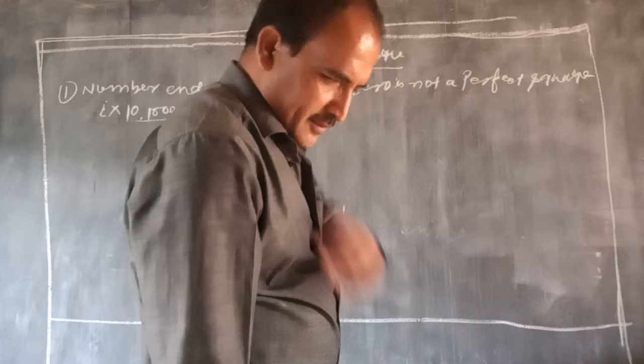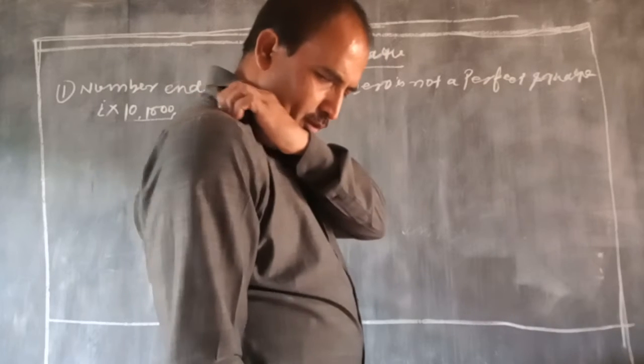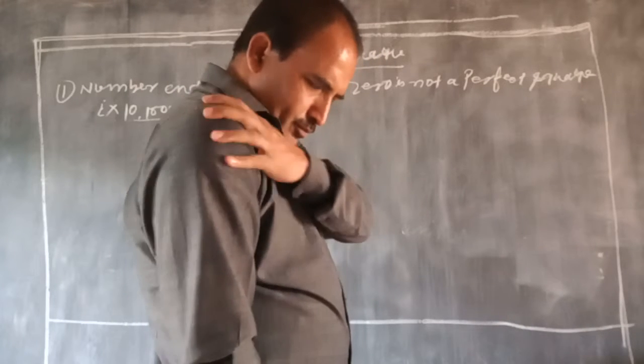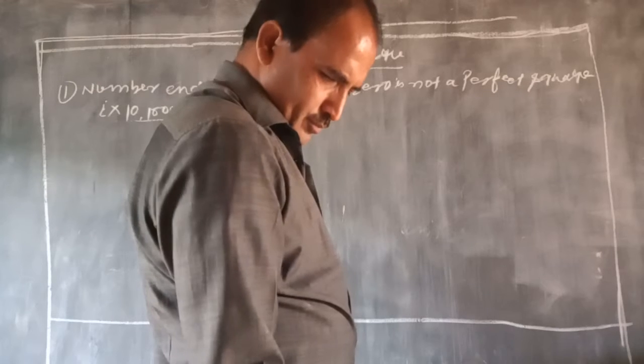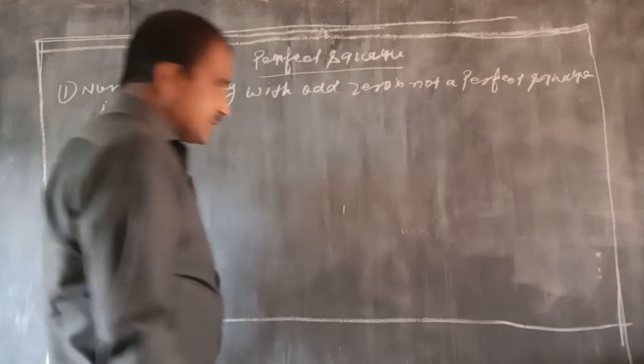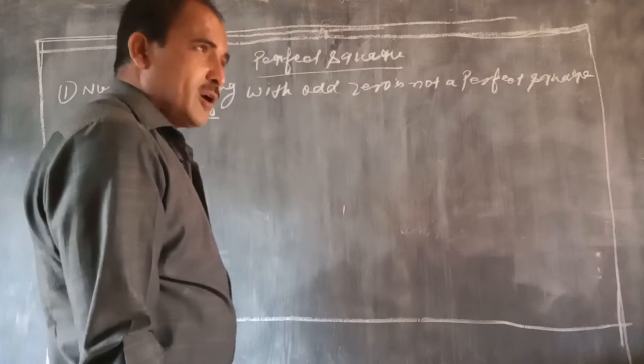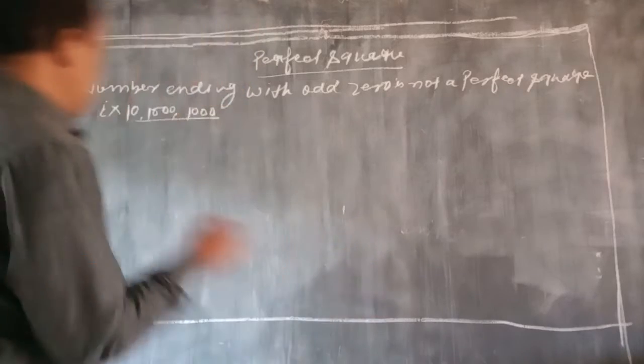And the next point: the square of an even number must be even.